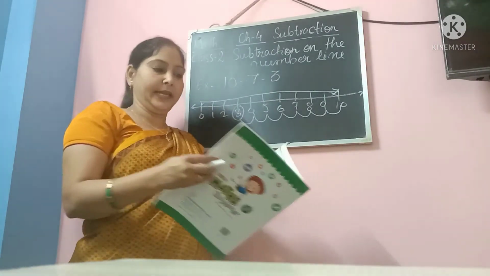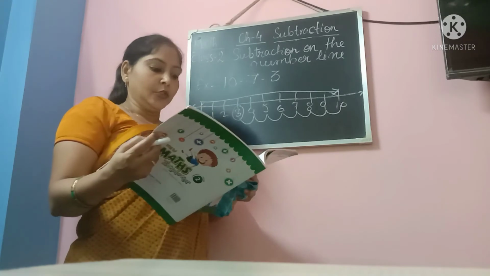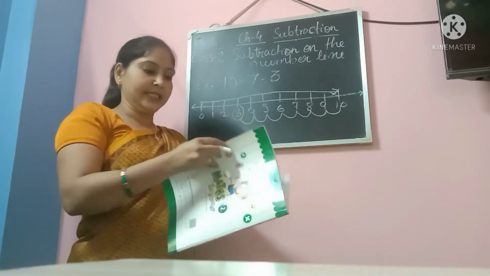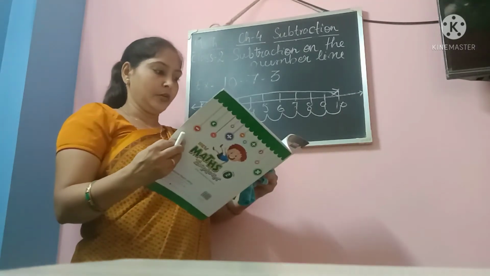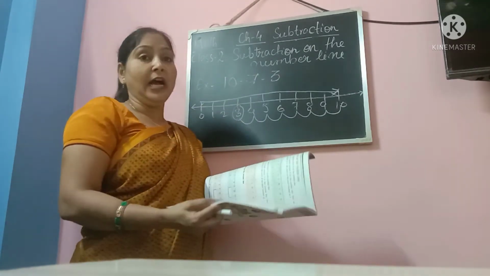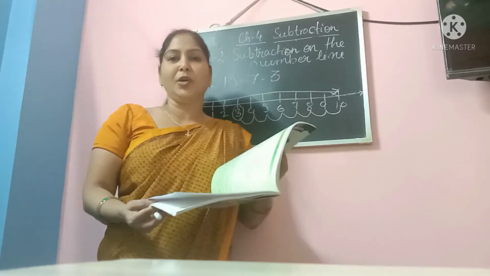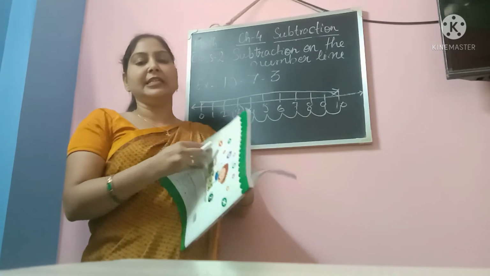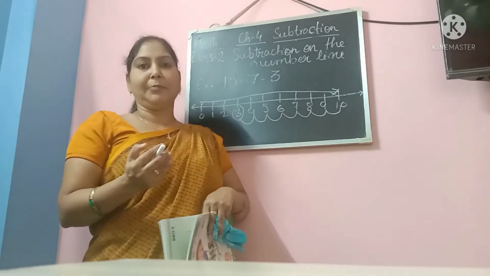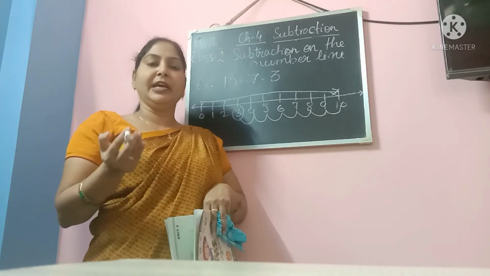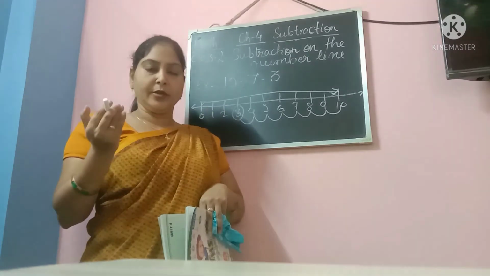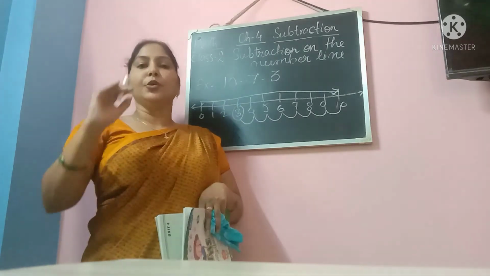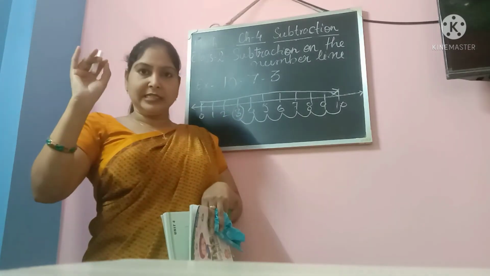It's not wrong. You are going to do page numbers 59, 60, 61. For page number 60 and 61, the space is already given in the book. Page number 59, please do not do it in the book, because you have to show the process. In the previous chapter, chapter 3, in addition we did forward counting, but many of you directly wrote the answer, whereas I told you to follow the steps.